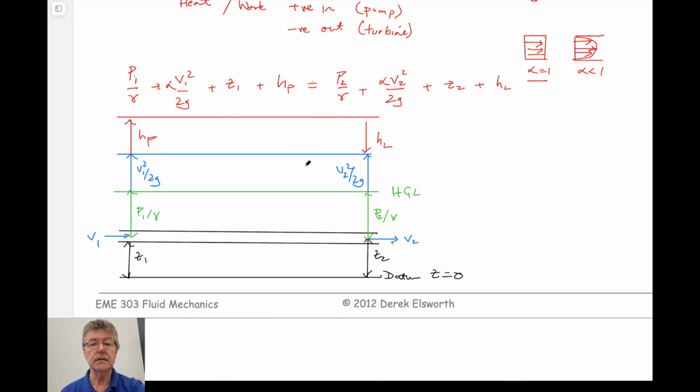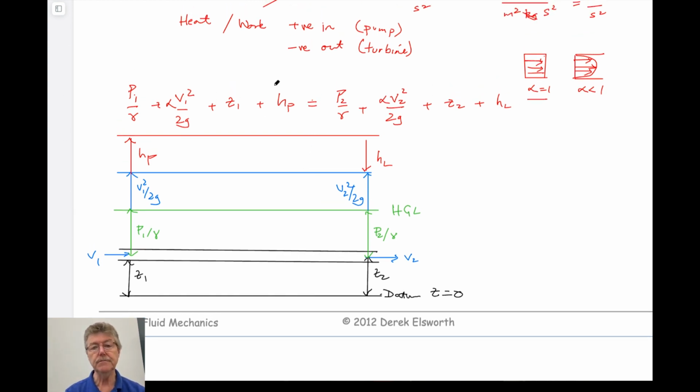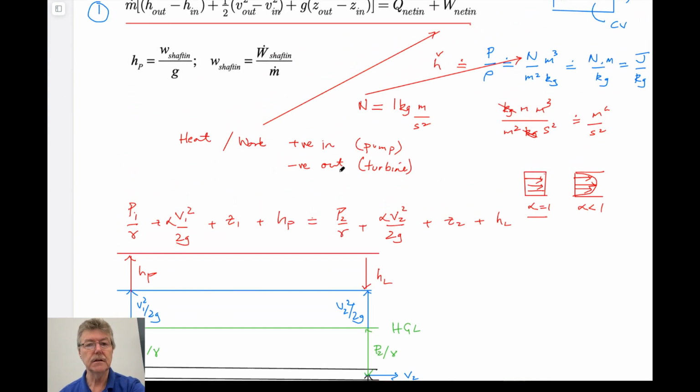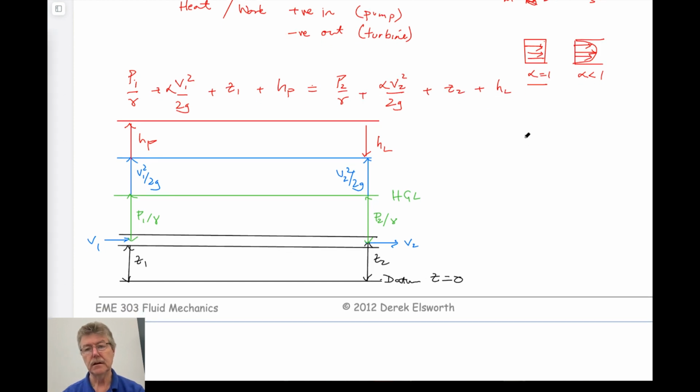The other terms are that we can put energy into the system in terms of a pump head. And a pump head is defined most usefully as the pump head, which is a length, because you're adding apples to apples, is equal to the power in watts divided by mass flow rate times G is the best way to do it.